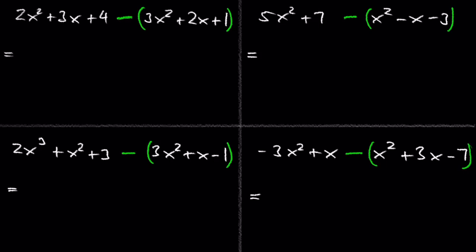We do that by flipping every sign in front of each term inside the parentheses. So 3x squared becomes negative 3x squared. 2x becomes negative 2x. And 1 becomes negative 1.